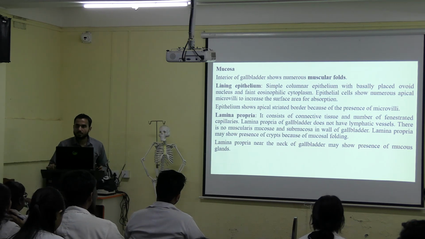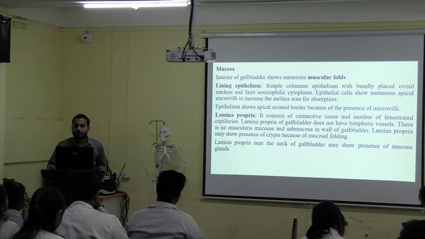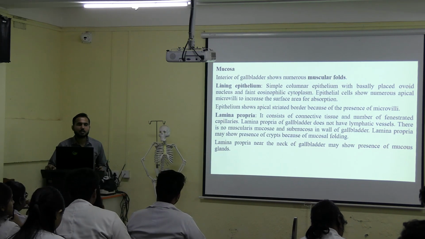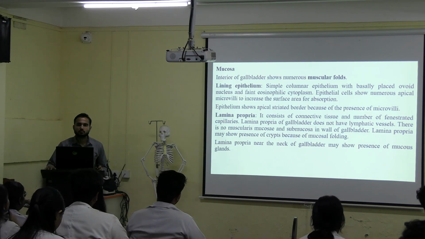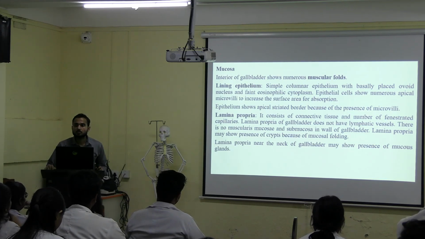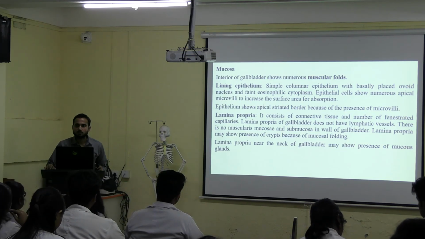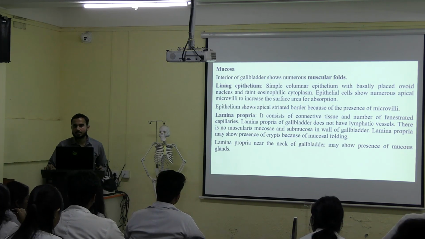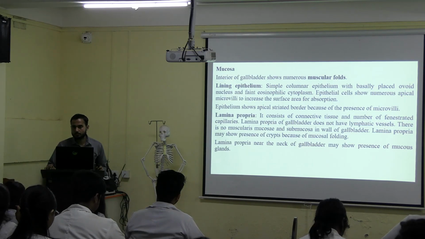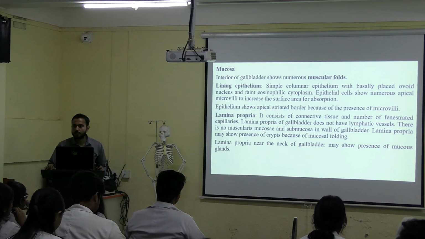I know microvilli are present, that's why absorption is taking place, but why? What is the location of the gallbladder? Where is it in the liver? The gallbladder fossa is near the inferior border of the liver.